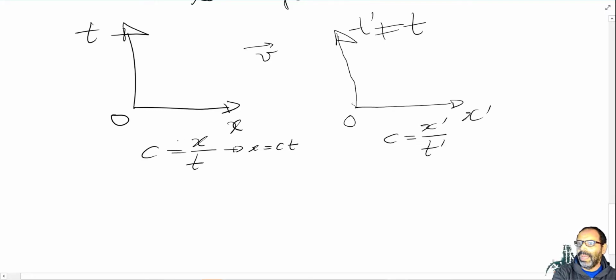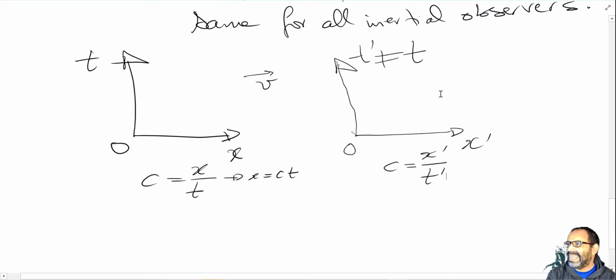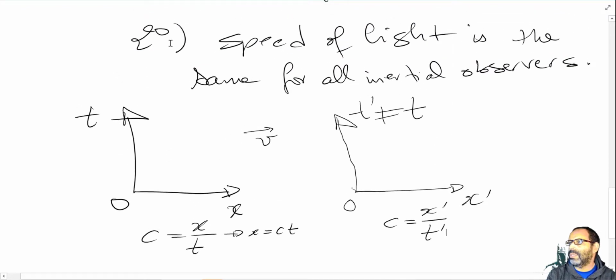Let's say, for example, x is twice x prime. If I have a 2 here, I must have a 2 there to cancel so that I end up with the same ratio. So the possibility of time not being the same is actually necessary to meet postulate number 2. But how different? That is not stated in postulate 2. We have to find it.